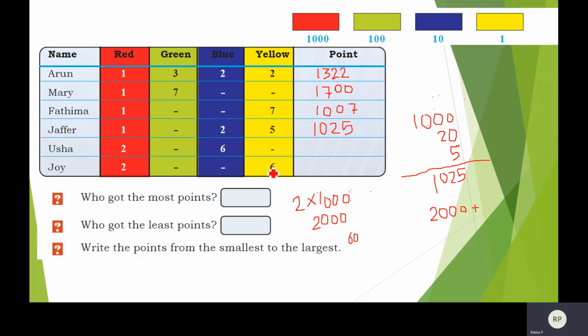So when you add this one, you have to write it in the proper place. So 6 is at the tens place and 0 is at the ones place. Very, very important. So what will you get? 0 plus 0, 0. And 0 plus 6, it is 6. And bring down this 0 directly, and this 2. Okay. So you will get the answer as 2060.